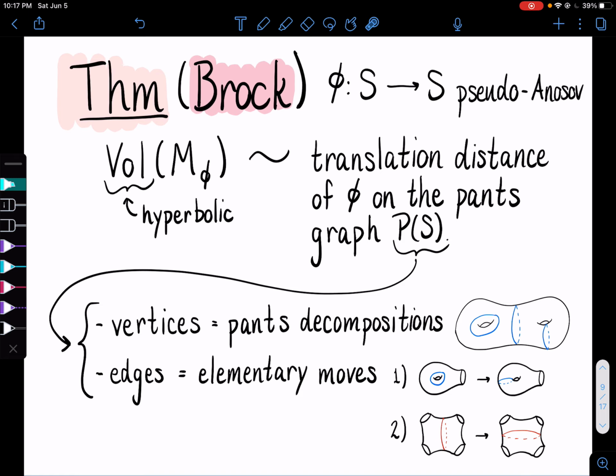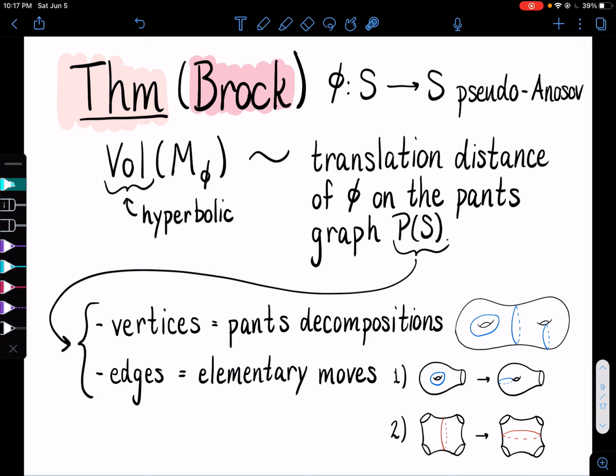Okay, so we have some upper and lower bound in terms of the translation distance on the volume. Okay, and so here, this pants graph is the graph whose vertices are given by pants decompositions. So I'm just taking some disjoint collection of simple closed curves on my surface, which chop up my surface into pairs of pants.